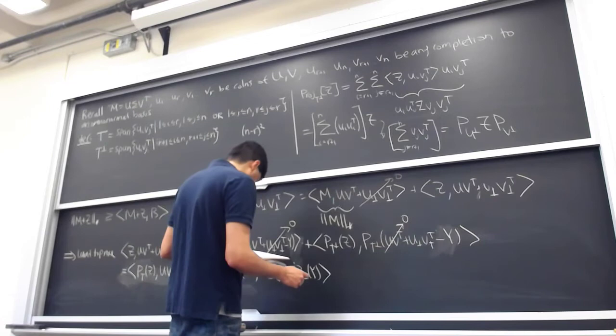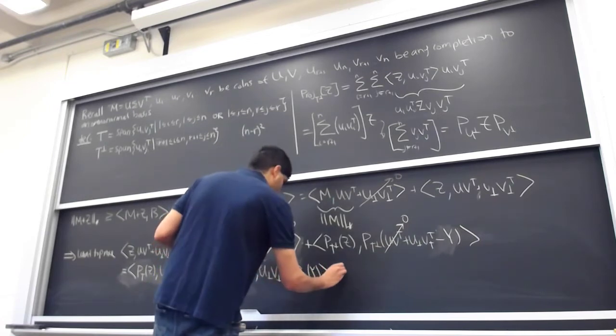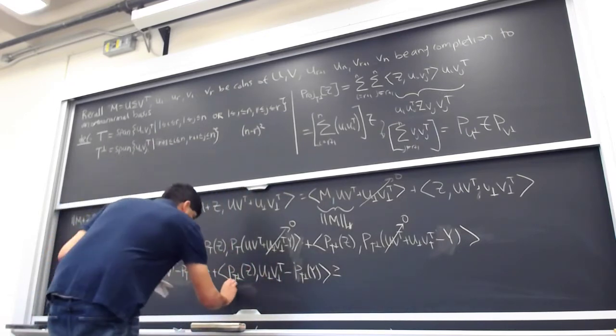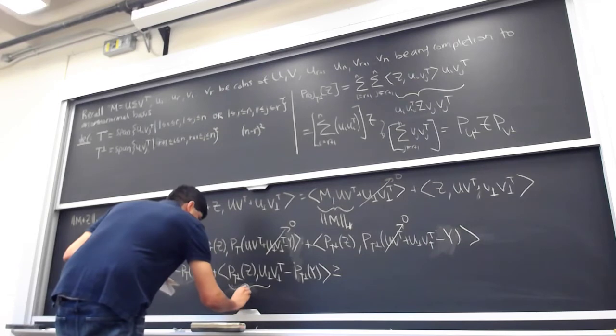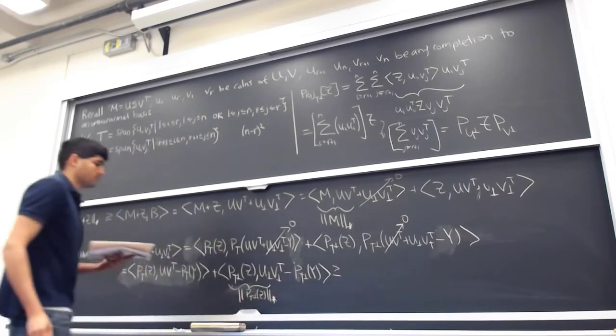Right? So this is the nuclear norm of PT perp of Z. Right?